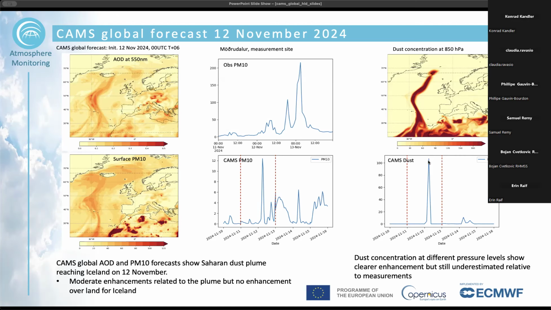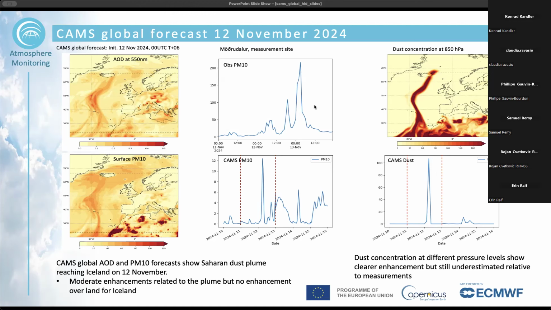In those same days, if we look at the dust concentration, this is from the 3 size bins that we have added together, then we start to see a much clearer enhancement and signal at this location, but still probably underestimated compared to what the measurement showed.